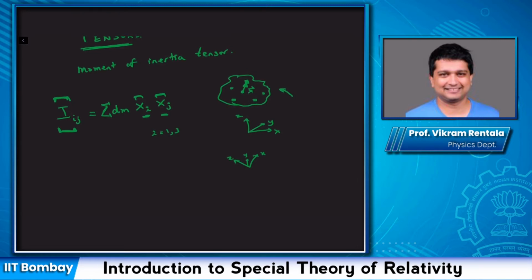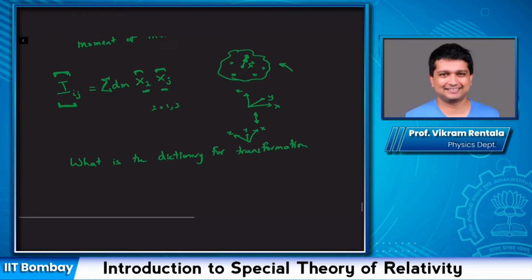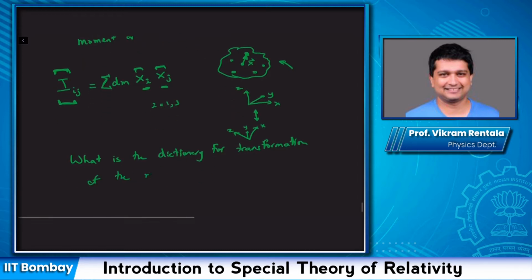So we want to know, how does the moment of inertia tensor transform under a change of axes? Or what is the dictionary for transformation of the moment of inertia tensor under rotations.